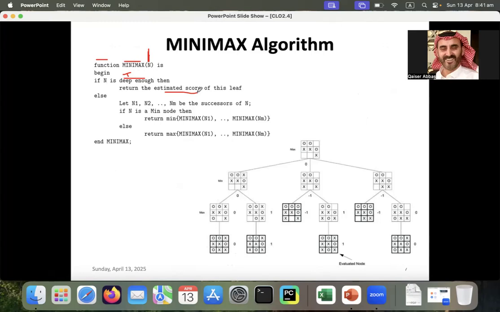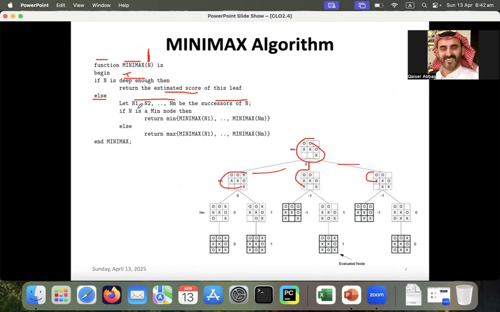Okay. If it is not a terminal node, then you will come into this else portion. Here, if the node is n, let n1, n2, n3, and so on up to nm be the successors of n. For example, if this is n, what are the successors? 1, 2, and 3. These three nodes are the successors.